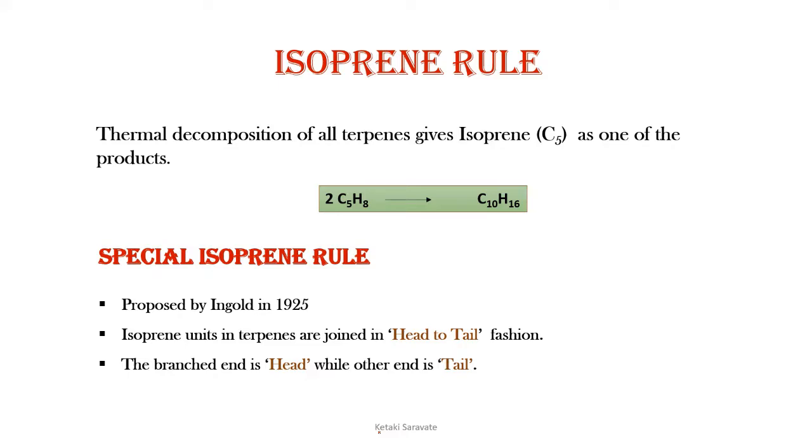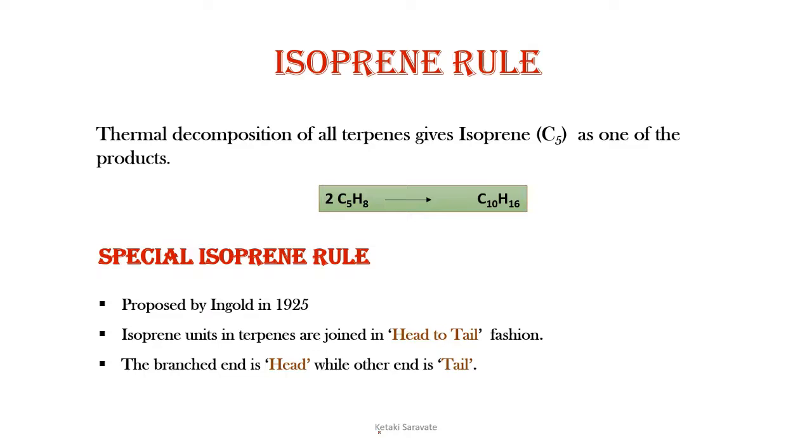There is a rule known as the isoprene rule which tells us how these terpenes are synthesized. It tells us that thermal decomposition of all terpenes gives isoprene as one of the products. In the reaction you can see there are two such isoprene units, C5H8, combined to give C10H16, a monoterpene.